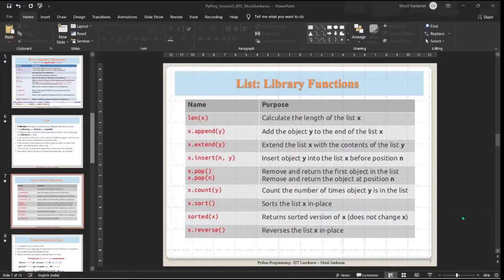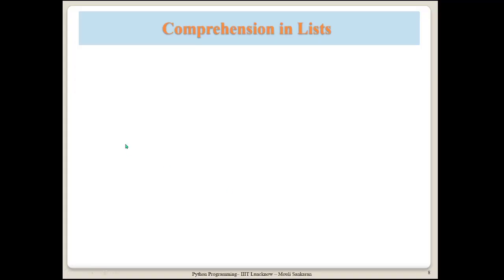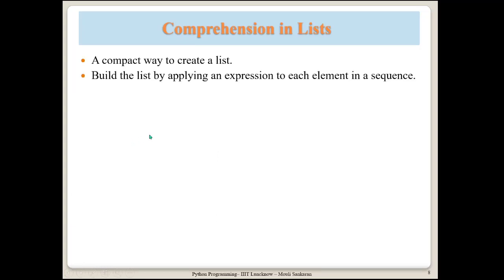Comprehension. We have an interesting part. Comprehension is a very interesting feature, a compact way to create a list. A comprehension builds that list by applying an expression to each element in a sequence. You will understand it once I show you the code.